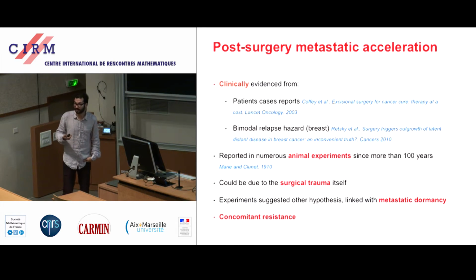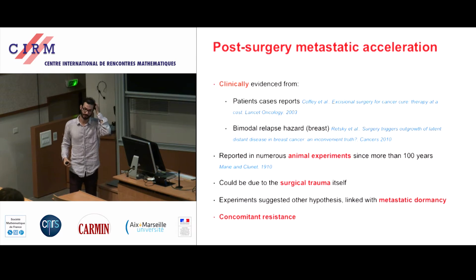And this is very linked to the phenomenon of post-surgery metastatic acceleration, because, of course, if you have an inhibition force between the primary tumor and the metastasis, when you remove the primary tumor, you remove this inhibition force, and then you might have this burst of the metastasis.